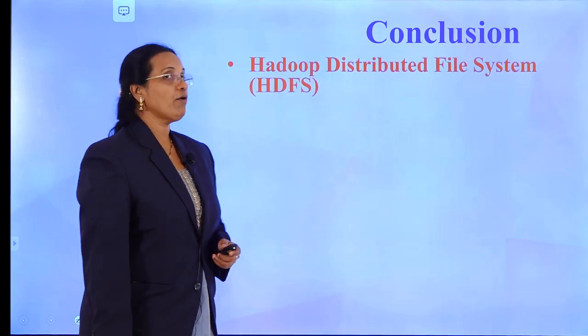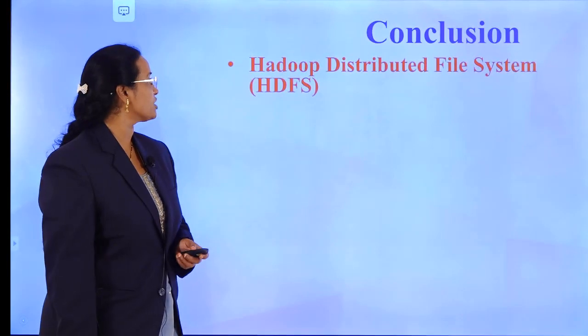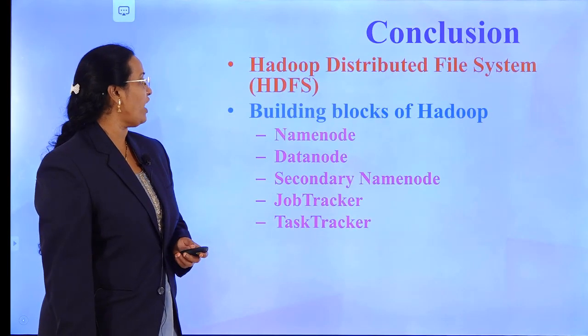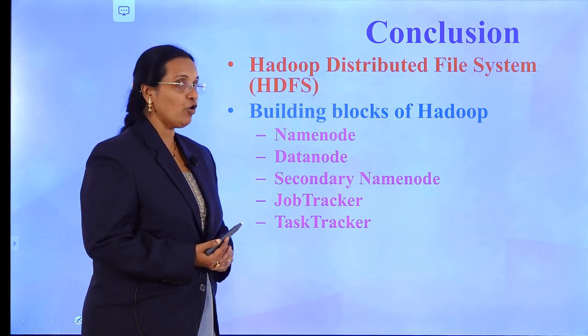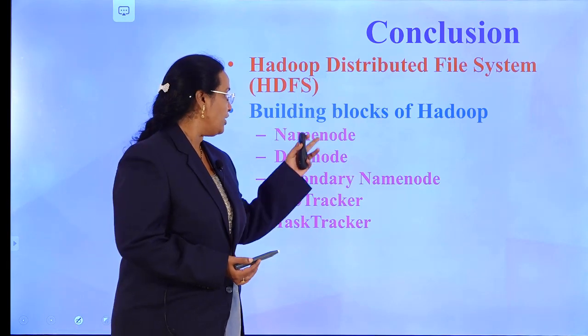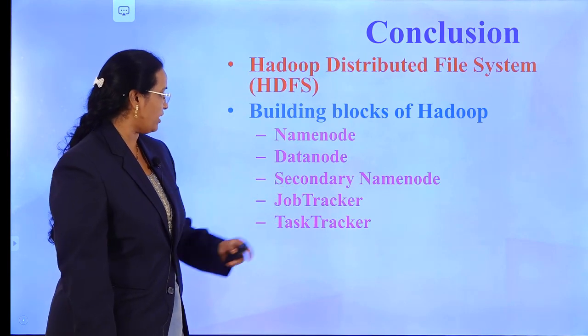So that's all about today's class. Let us have the conclusion. We have seen the Hadoop distributed file system, and in it we have seen the core components of Hadoop and the building blocks such as name node, data node, secondary name node, job tracker, task tracker.